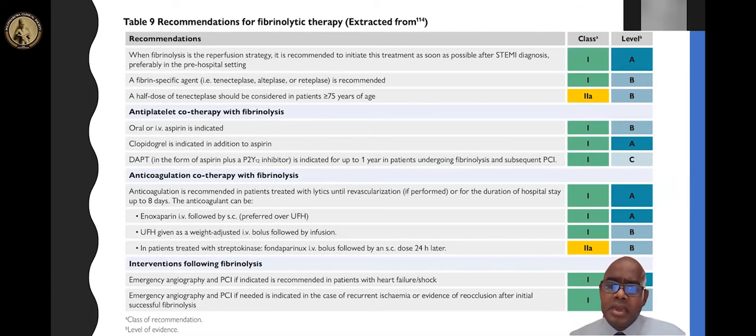If the patient is in heart failure or shock, emergency angiogram and primary PCI is recommended. What they recommend is to electively intubate this patient to avoid the aerosol generating nature inside the cath lab and to safeguard the staff. So elective intubation in unstable patients and performance of angiogram and PCI is a class 1A recommendation.